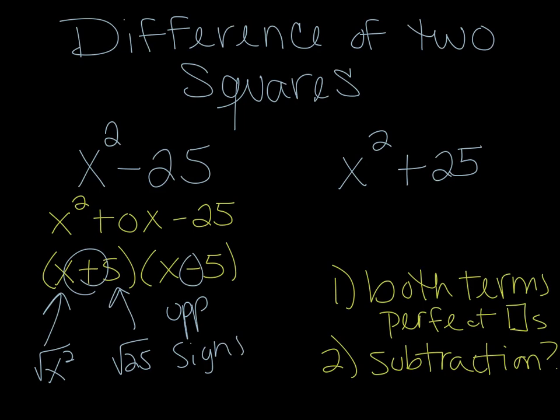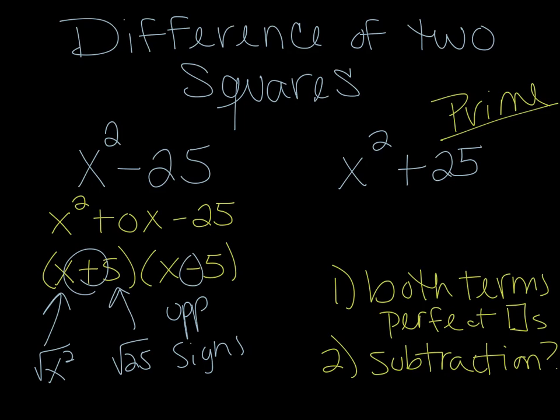Alright, so to generalize, looking back here, x squared plus 25: you have your two perfect squares, but it's not a difference. So this polynomial is actually prime, it's not factorable.